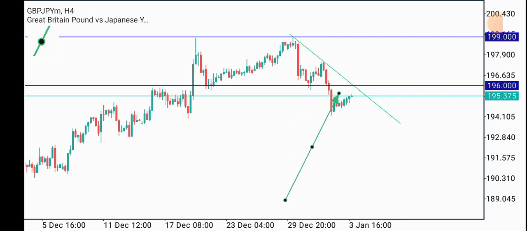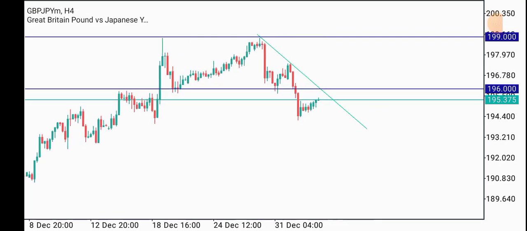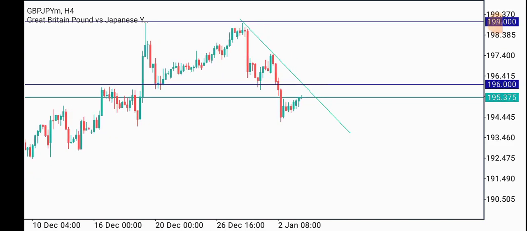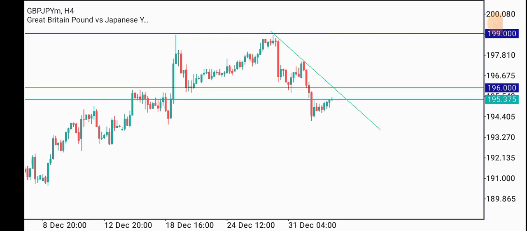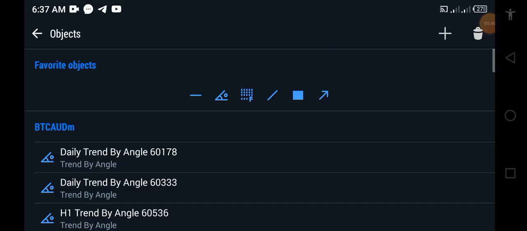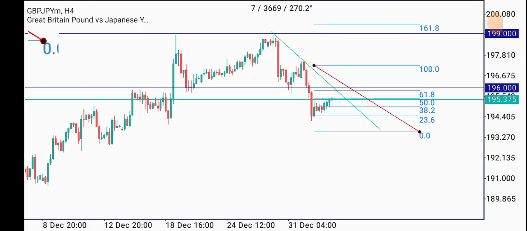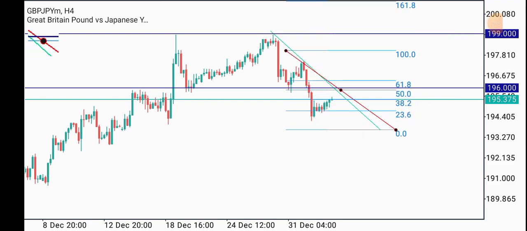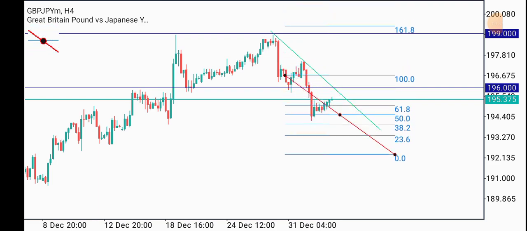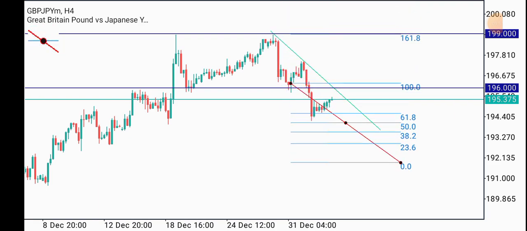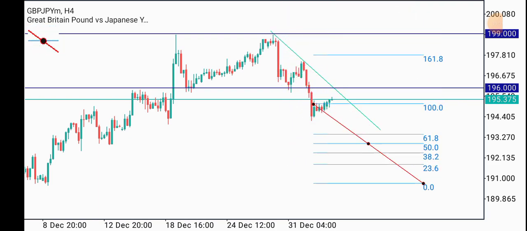Now we can also apply other technical tools to figure out where to take the entry from. Since we have created swing lows, this typically creates a bearish structure. We have the high, high, low.